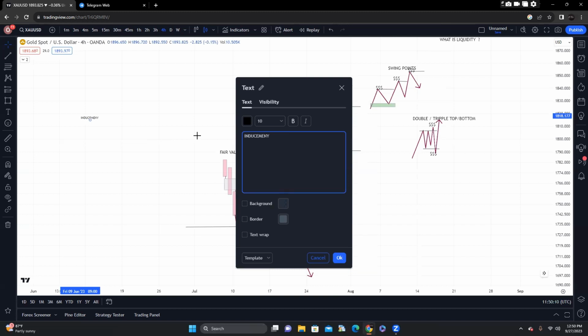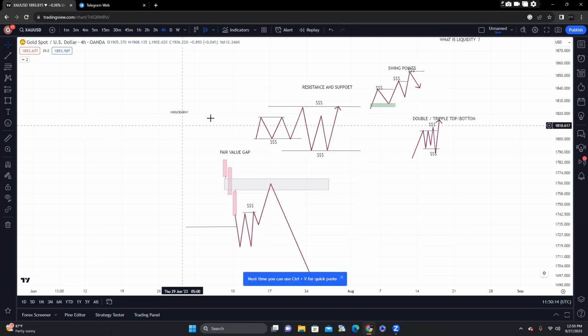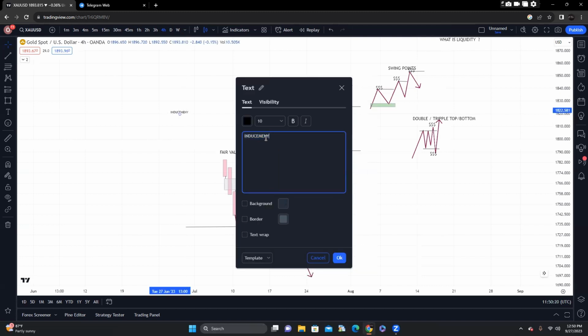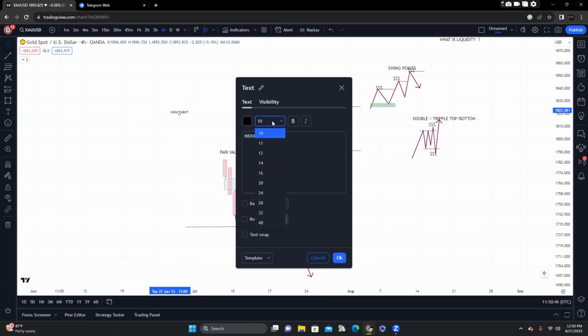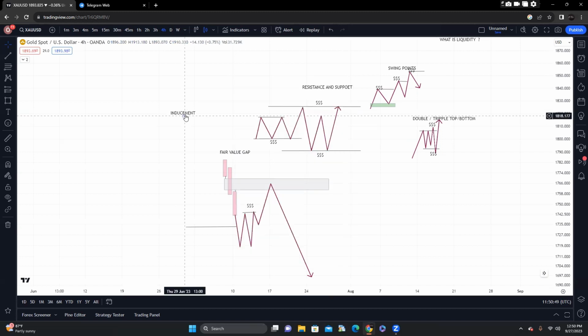Today, the next kind of liquidity we'll be looking at is inducement.